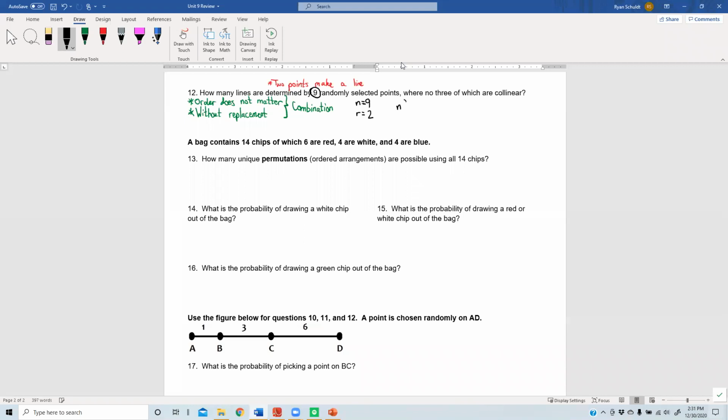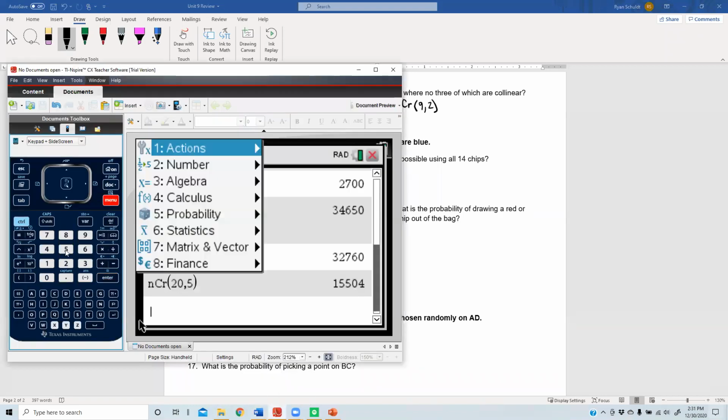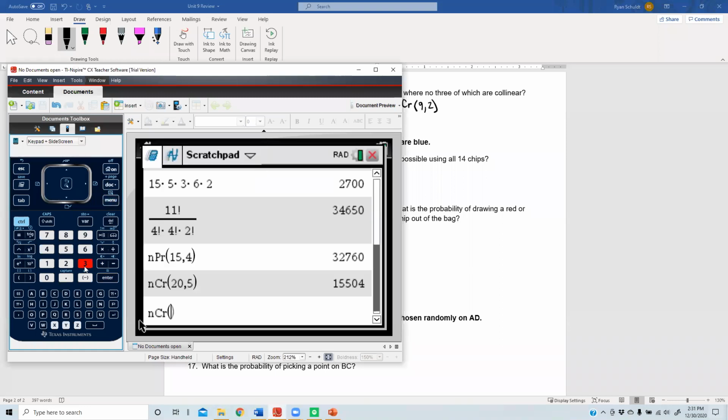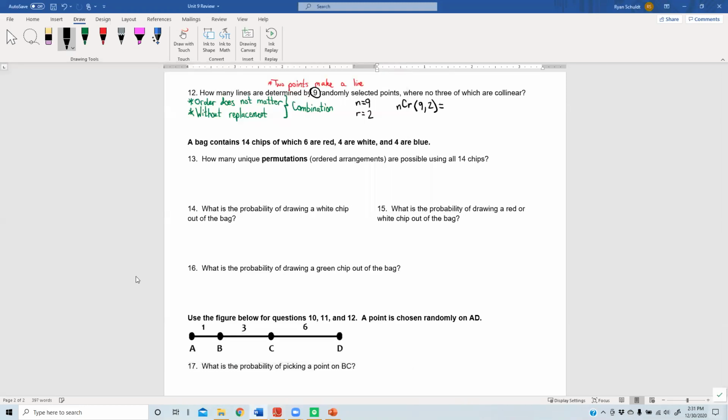So this is going to be nCr 9, 2. So menu 5, 3. We're going to do 9, 2. It's going to give us 36. So that's how many lines we can make. 36 lines.